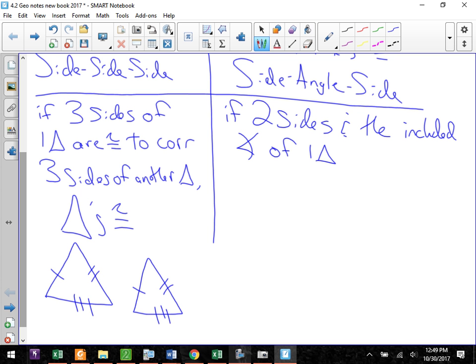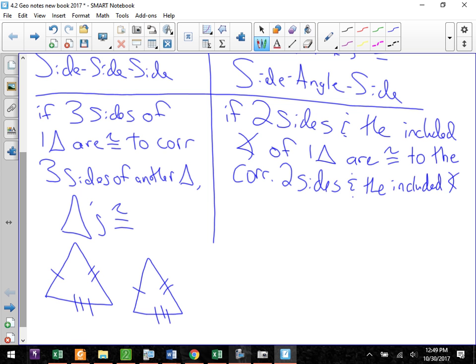And if two sides and the included angle of one triangle are congruent to the corresponding two sides and the included angle of another. Oops, I can't write like this. See if I can spell another right this time.